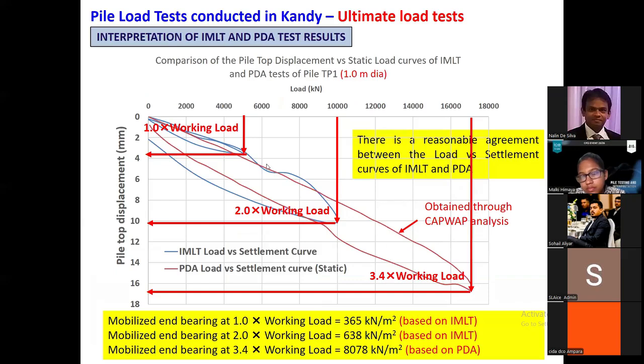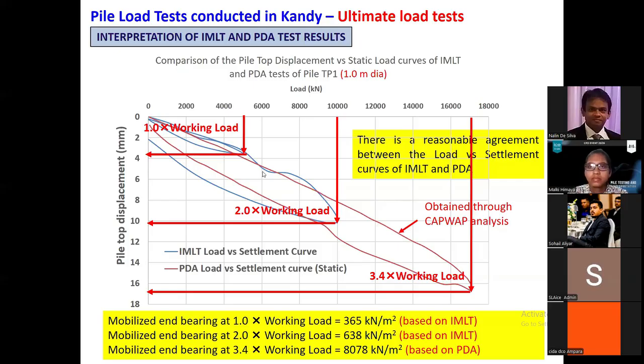I would like to show you a comparison of high strain dynamic load test results and the maintained load test results. This is one test done on a pile. This pile was subjected to both an instrumented pile load test and a PDA high strain dynamic load test.